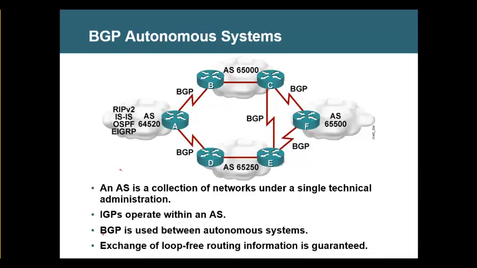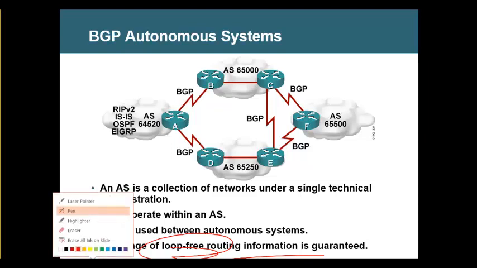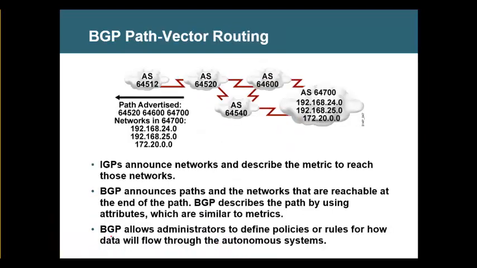Now, whether it is IBGP or IGP or BGP, they all exchange loop-free routing. BGP is a path vector routing protocol. What does it mean?